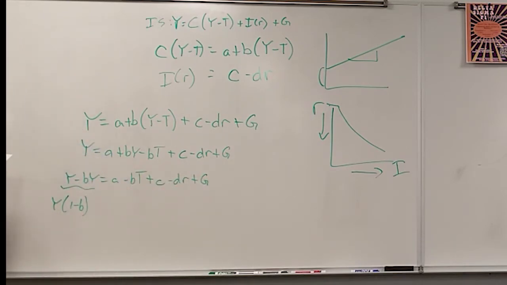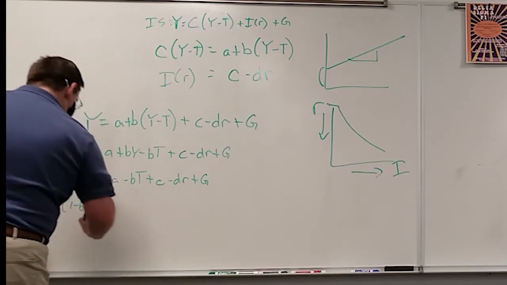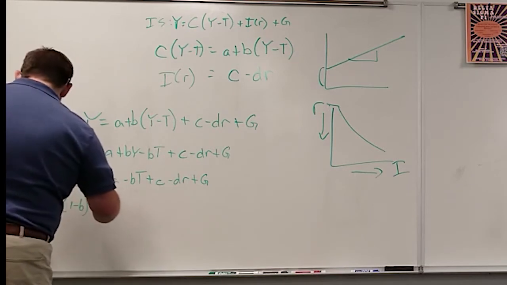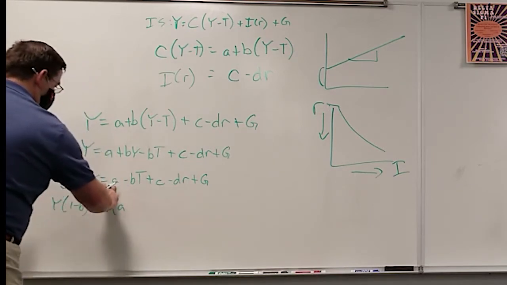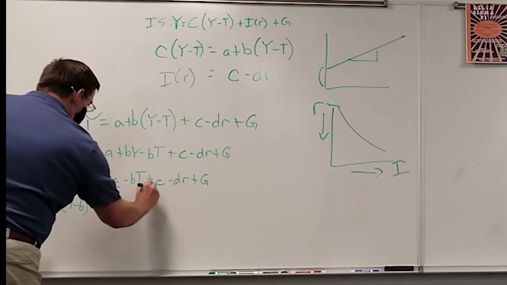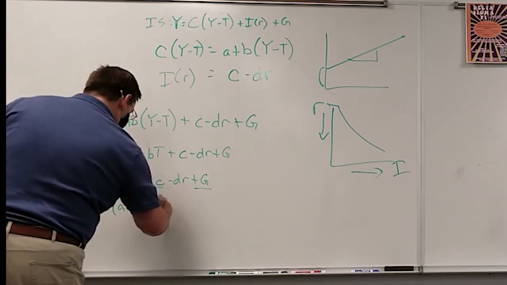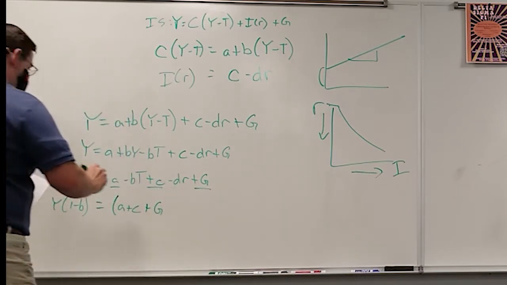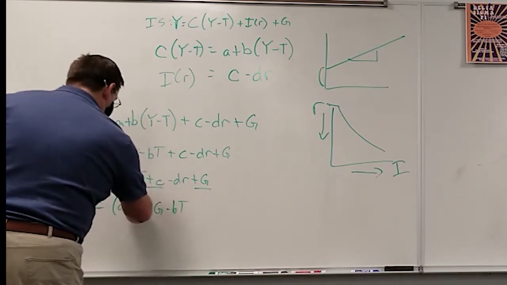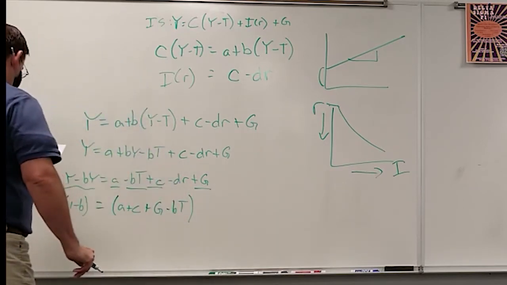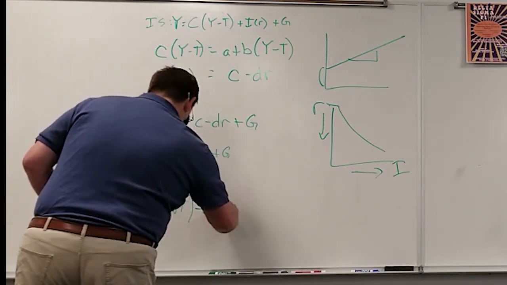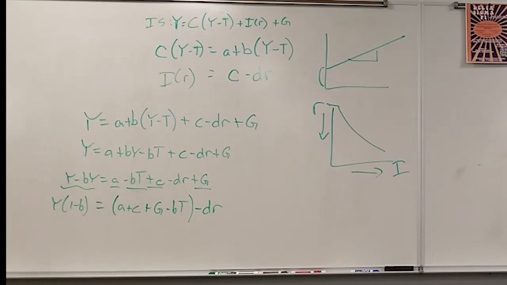Now I can rearrange this stuff. I don't see a big value in rearranging it right now, but I'll just do it because it walks it through this way. You can say this is equal to a plus c, plus g, minus bt, minus dr. No big deal about rearranging that stuff.